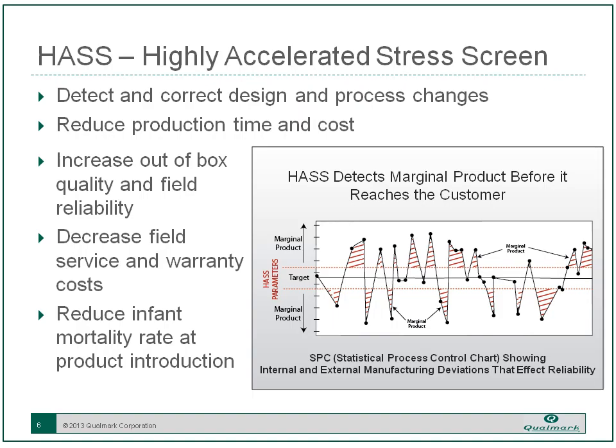Essentially, HASS is your opportunity to find and correct defects that are creeping in through design and process changes. And it makes production happen faster. It'll reduce cost. You'll get higher out-of-box quality. That's always nice.